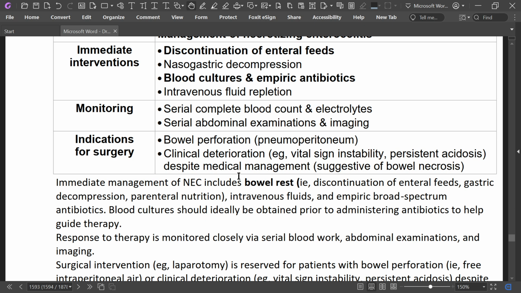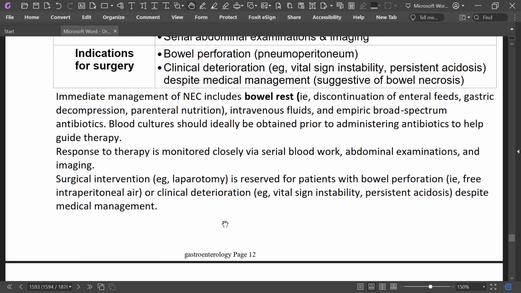If there is bowel necrosis, you go for surgery. The first indication of surgery is bowel perforation and clinical deterioration.